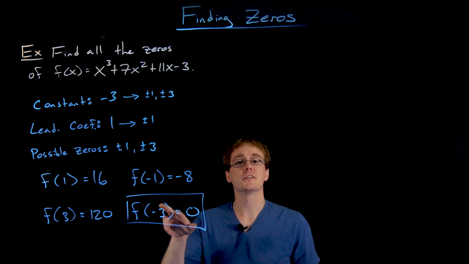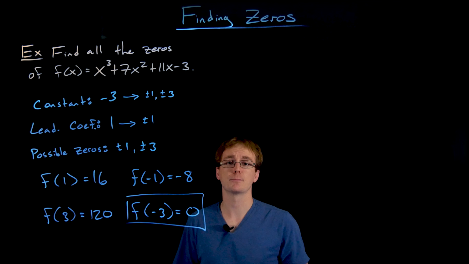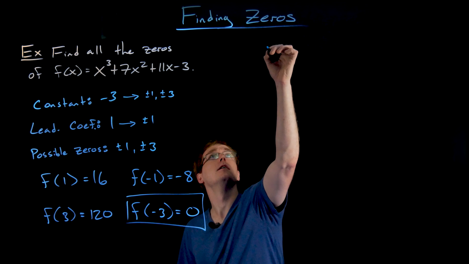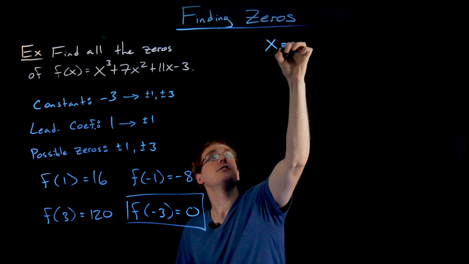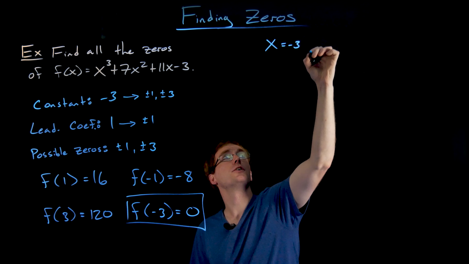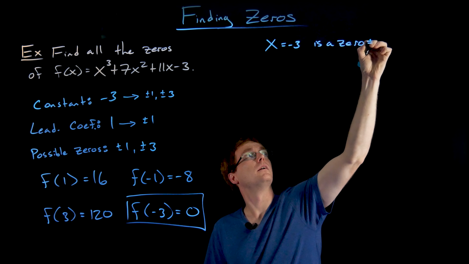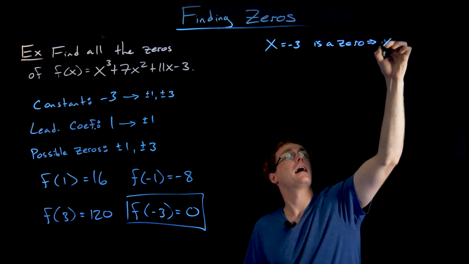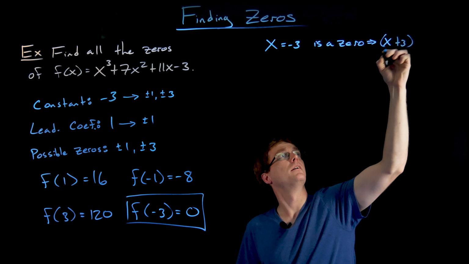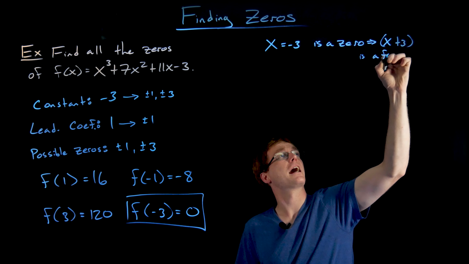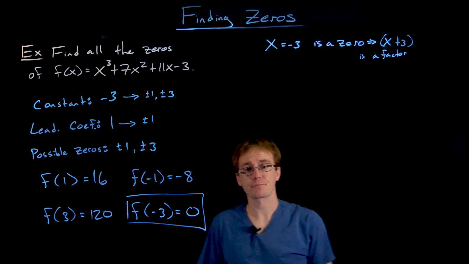So now we have to remember that this 0 is always going to correspond to a factor. Right? So we know that x equals -3 is a 0. And that implies that x plus 3 is a factor of our polynomial. Right?